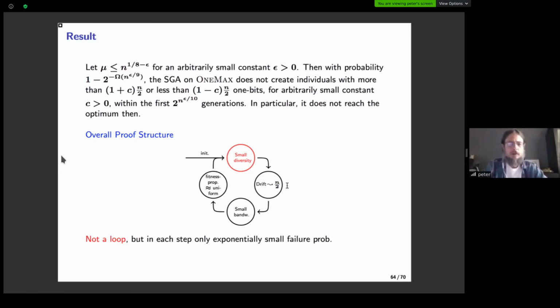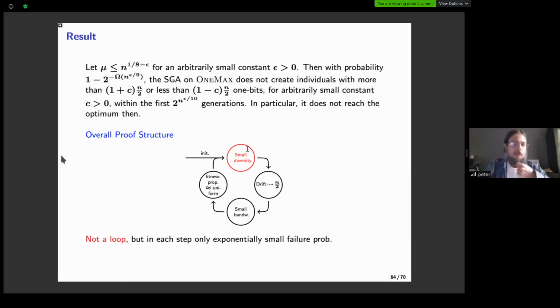But then if we drift towards n/2 then we can show that the bandwidth remains small, because individuals that have fewer than n/2 bits tend to have a positive drift towards n/2, and if we know that individuals are not above n/2 1 bits by much due to the negative drift, the bandwidth will be small. And if the bandwidth is small, we can argue, as we saw in the previous slide, that uniform selection behaves very similar to fitness proportional selection.